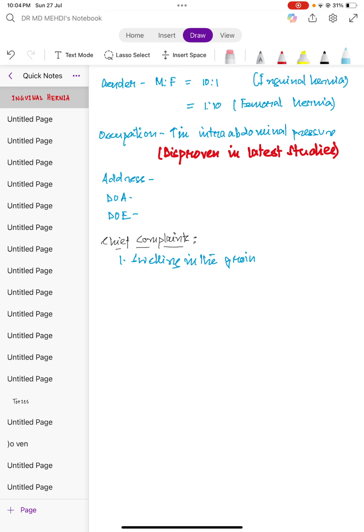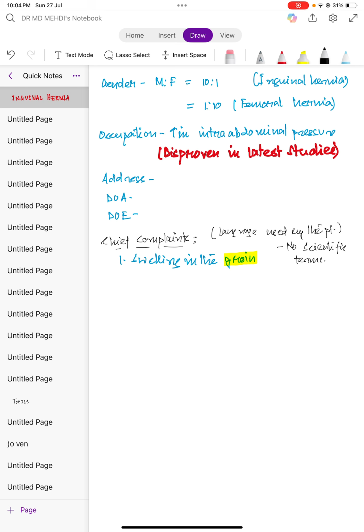So swelling in the groin. Mind it, we are using the term groin and not inguinal region, because you have to use the language used by the patient and no scientific terms are to be used in the chief complaint or history of present illness.